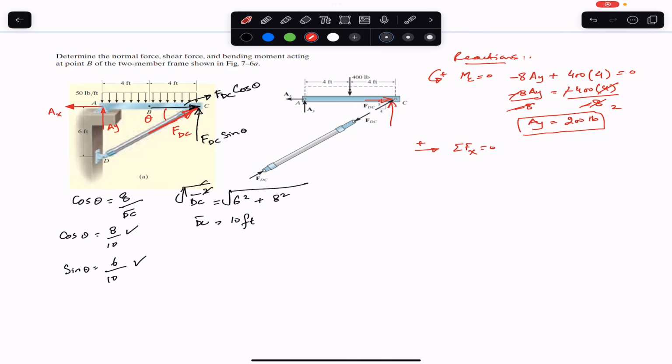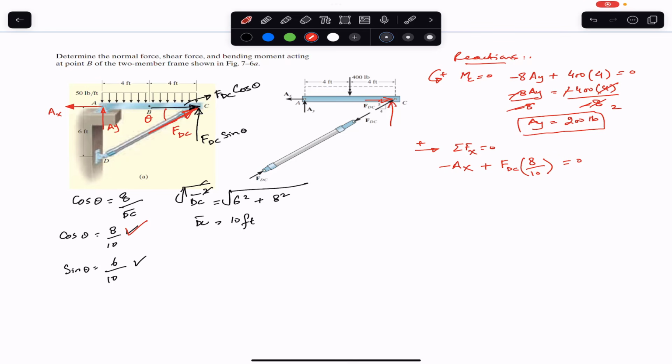The summation of forces along x will be this Ax. Ax is in the negative x, so I will write minus Ax, and this cos component of FDC, so we will write plus FDC cos of theta, and cos of theta is 8 divided by 10. So I will multiply this with 8 divided by 10, and this is equal to 0.